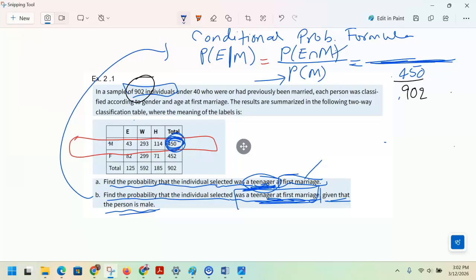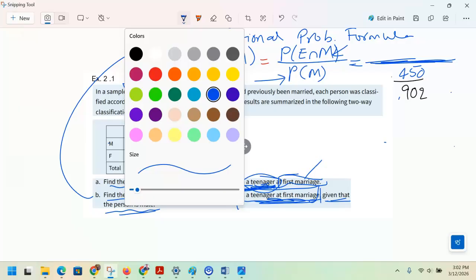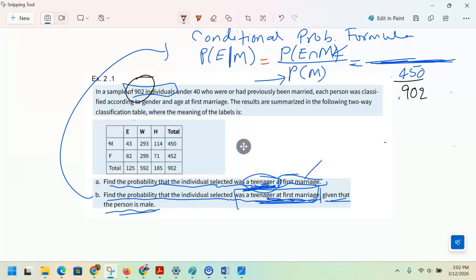What about how many are both E and M? What this basically means is the person is in his 20s, that means he is here in this row and column, and he's also a male.